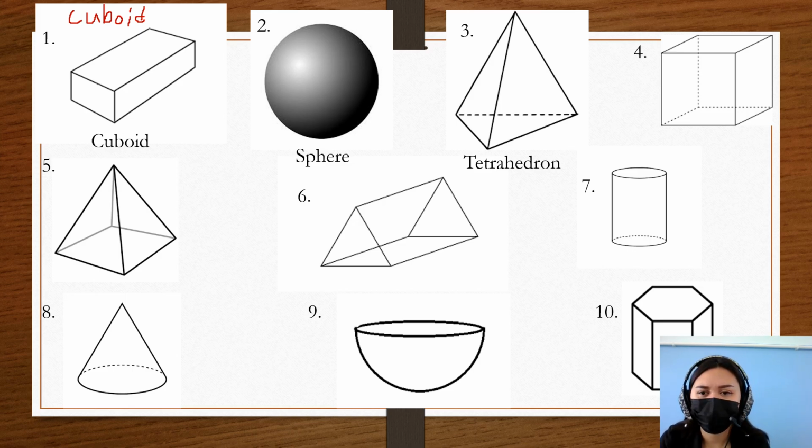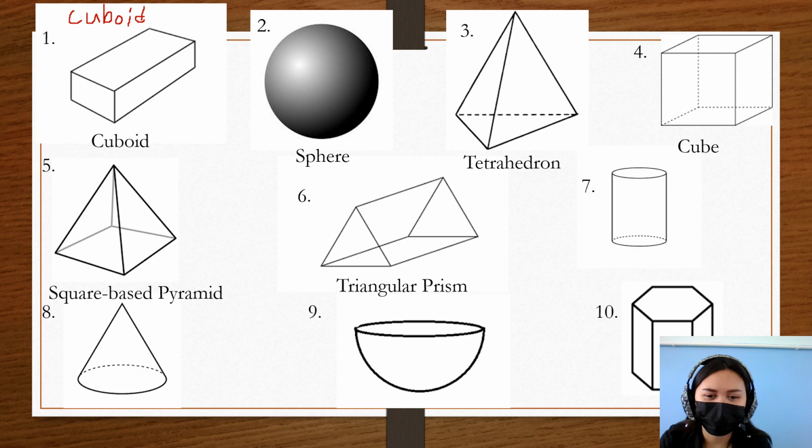Number 4, cube. Number 5, square base pyramid. Number 6, it's a triangular prism. Number 7, a cylinder. Number 8, cone.